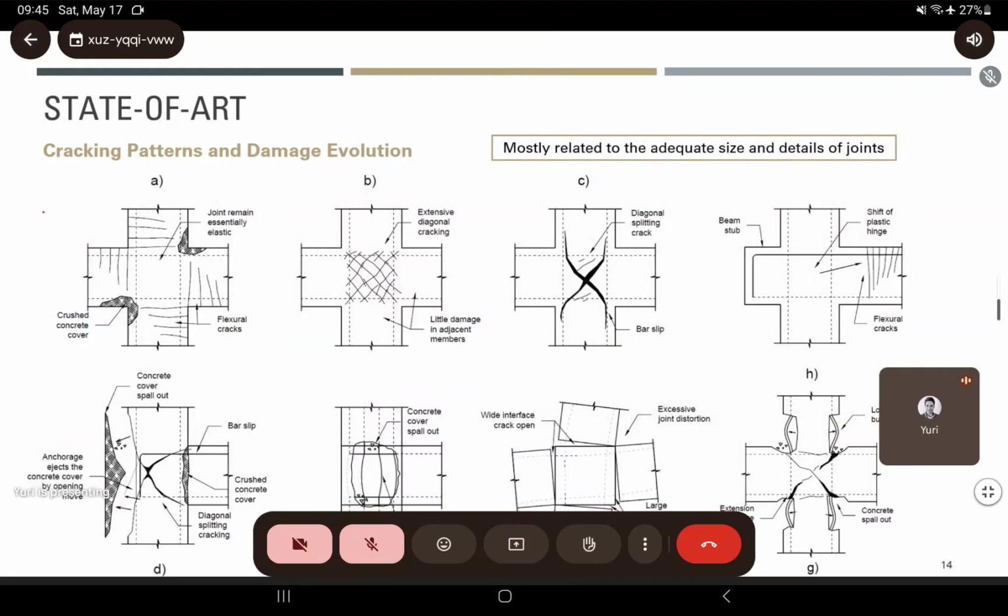And these are the possible cracking patterns that initiate the failure mechanism, which have been gathered and separated. We have, for example, formation of plastic hinges on the beams, keeping the joint elastic, until we have plastic formation from columns into the joints, and you have extension of damage into these parts.